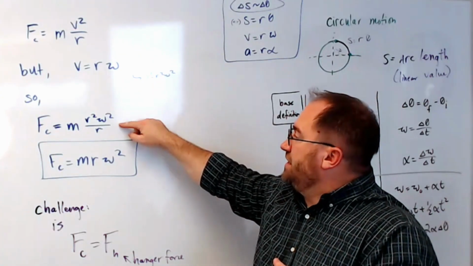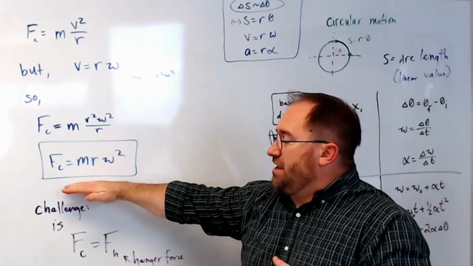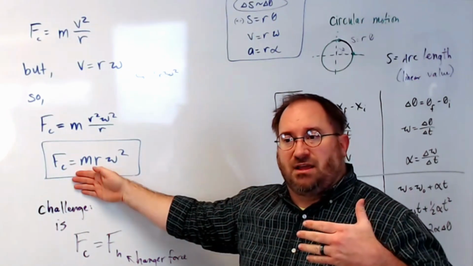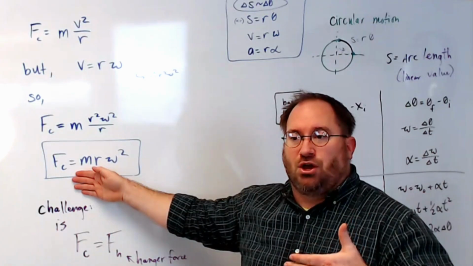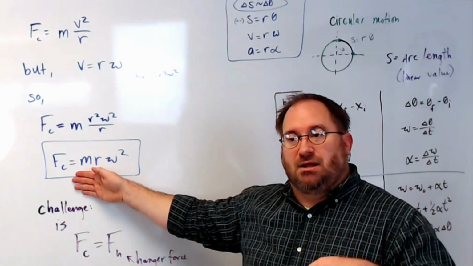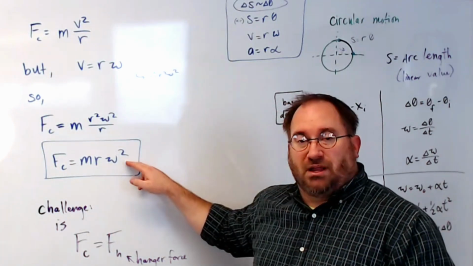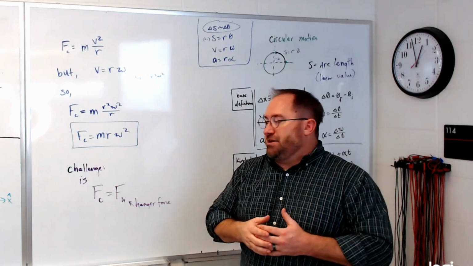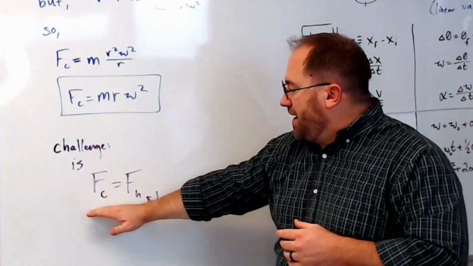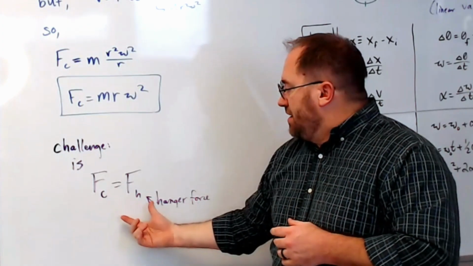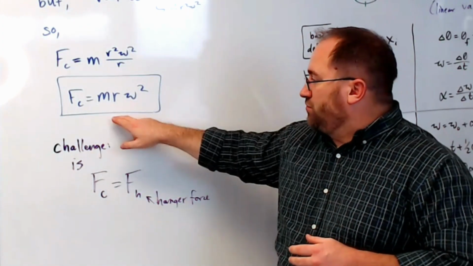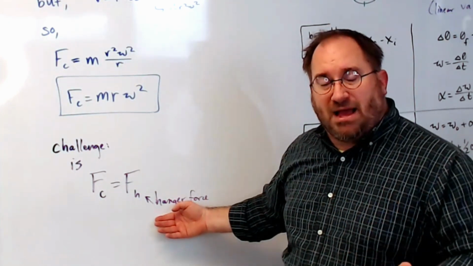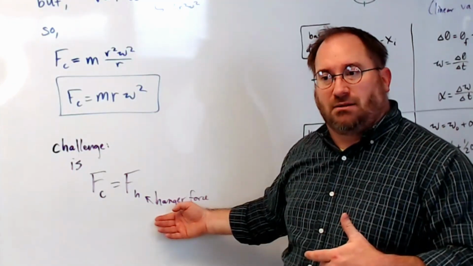We substitute that in, the radii simplify, and your centripetal force can be written in this format, where instead of a linear velocity and radius, we're now looking at the angular speed and radius, and it's a linear relationship, there's no fractions involved. So your task in this lab is going to be to compare the centripetal force that you measure using this relationship and the hanger force, which is the mass of the hanger times 9.8.